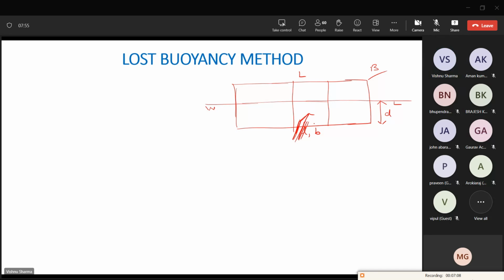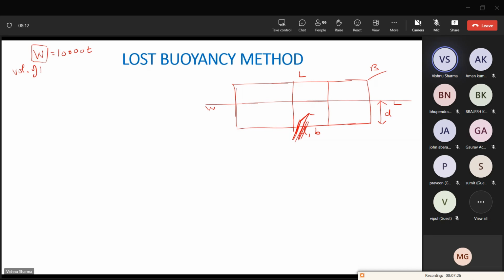Water. Now, before the compartment gets bilged, what happens? If the displacement of the vessel is W tons, let's say 10,000 tons, then what is the volume of buoyancy?